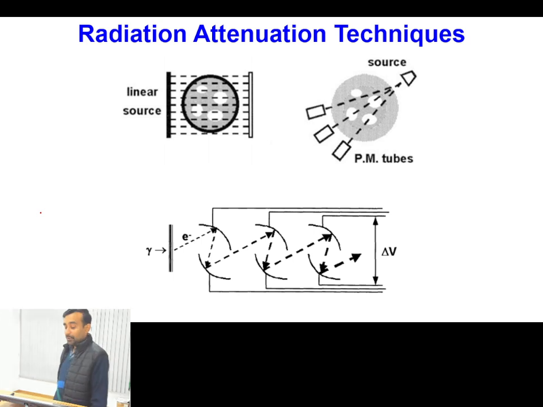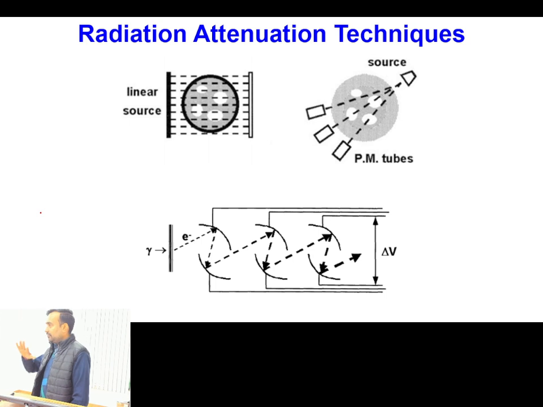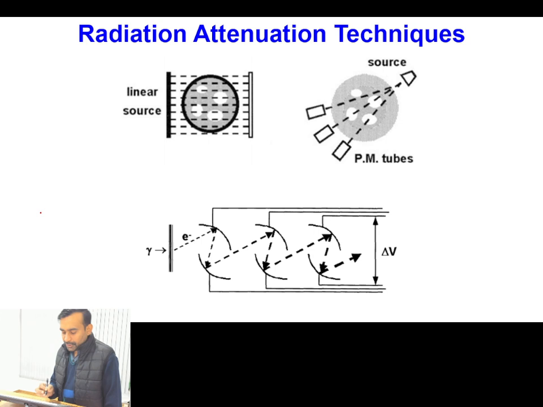Our aim should be to characterize the void fraction over the entire cross section. To do so, I can have a different arrangement. I can take a linear source, and from this source a linear detector. If I send the signal like this, then at each and every length portion it will be able to give me the value of the void fraction.